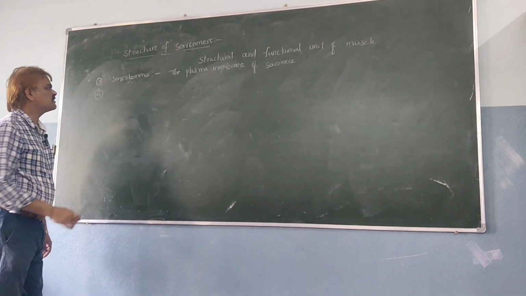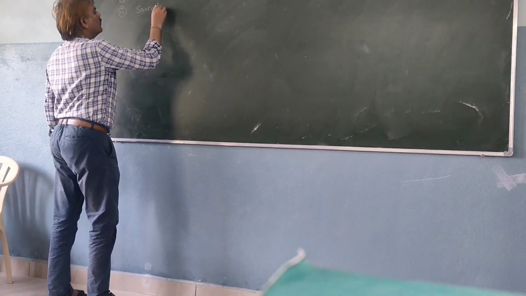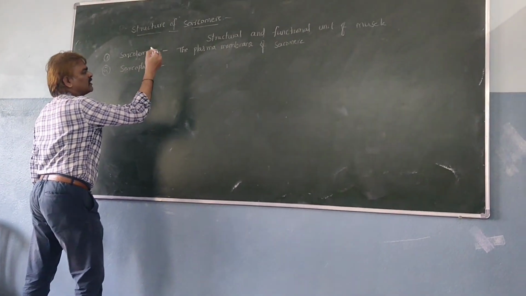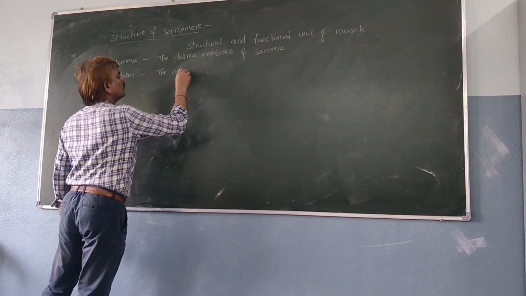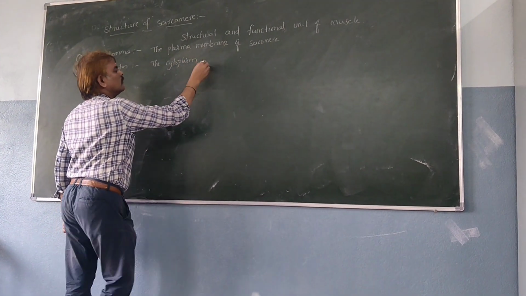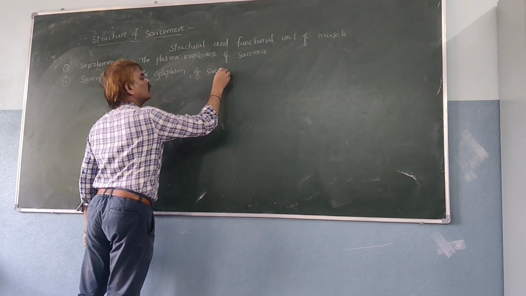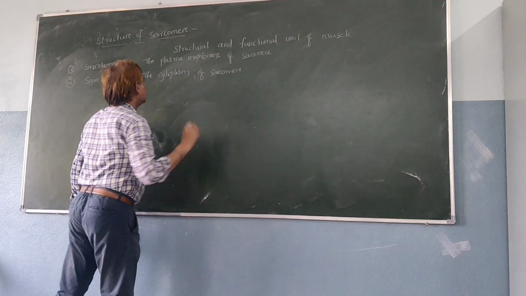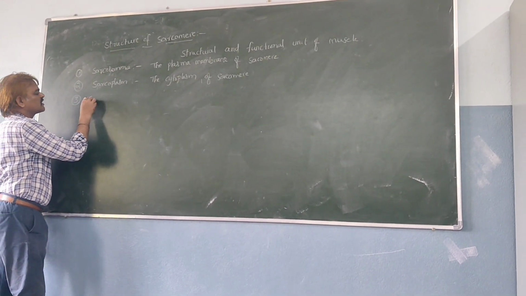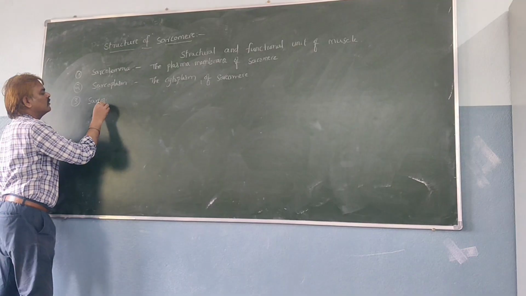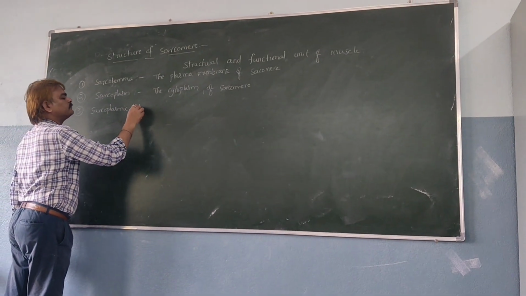Second one is called sarcoplasm. What is meant by sarcoplasm? The cytoplasm of the sarcomere. Third one is called sarcoplasmic reticulum.